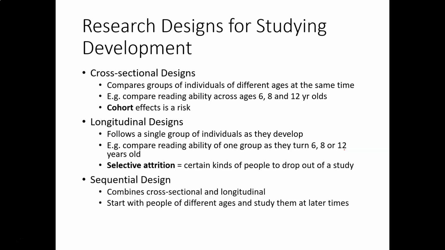A good kind of combo of both cross-sectional and longitudinal designs is sequential designs. So in this particular study, you start off with people of different ages, but then you follow up on all of them at different time points. So it's combining all of the benefits of longitudinal and cross-sectional designs into one, getting rid of some of the downsides of the other two research designs.